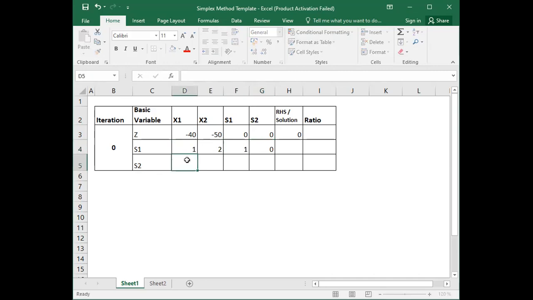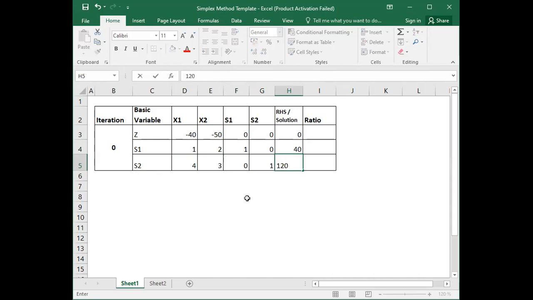Now, let's do the right-hand side. The right-hand side was 40, right? That is for the first constraint. Now when we come to the second constraint, we have X1 value to be 4, X2 is 3, S1 will be 0, and S2 is 1, and the right-hand side is 120.